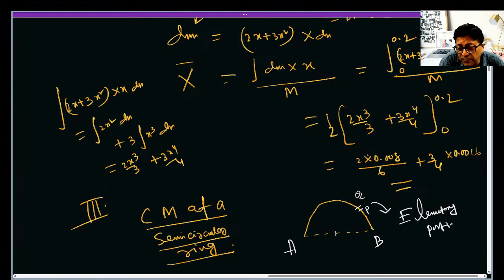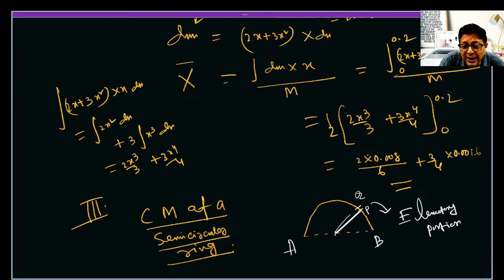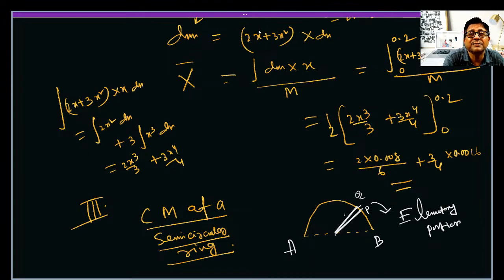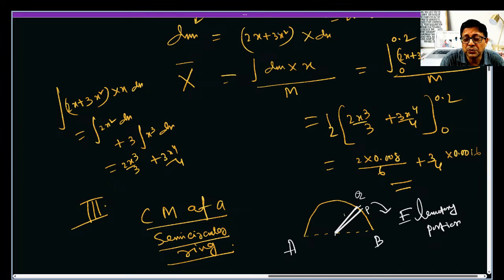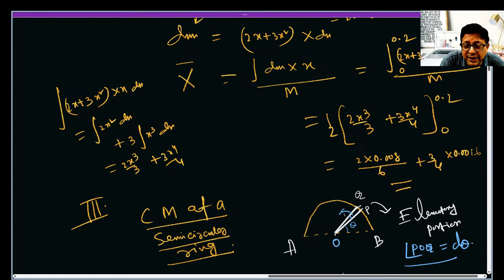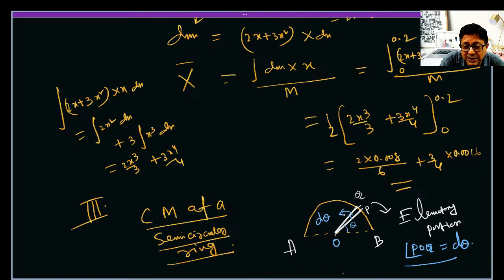Its angular location be theta, and the angle the other end makes is d theta. Clear? So this part is theta, and this angle POQ equals d theta. Am I correct? This angle is d theta. Clear?